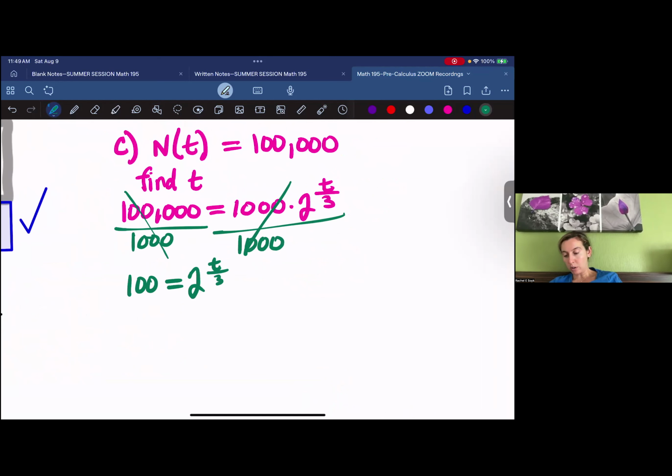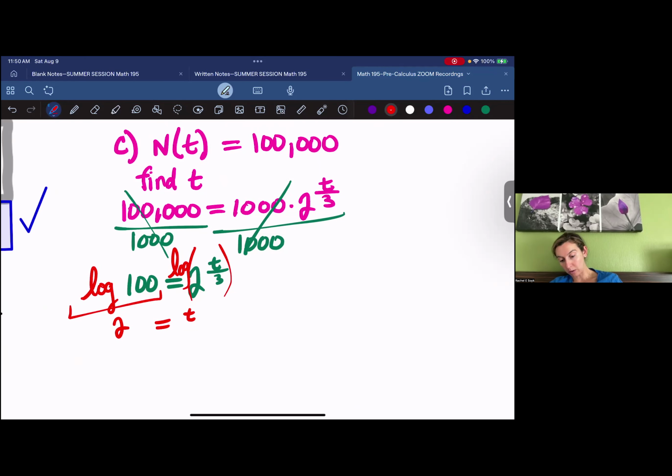And now I'm going to go ahead and log both sides. Log of 100 is just 2, right? 10 to what power gives you 100? This is just 2. So we end up getting 2 is equal to, and then our power rule, we can bring that t over 3 out in front of the log.